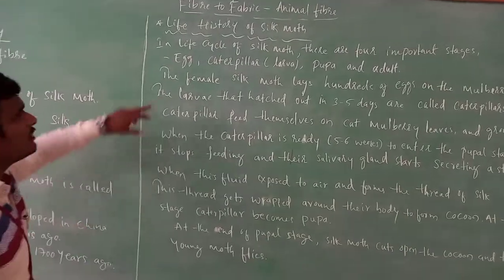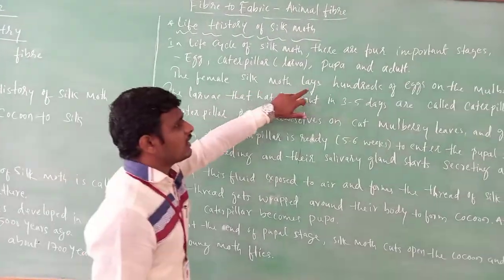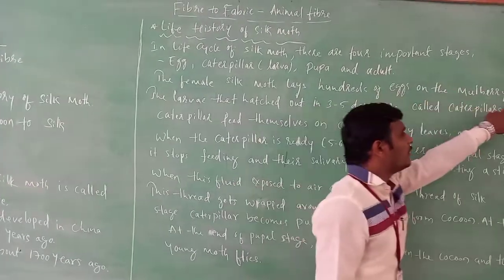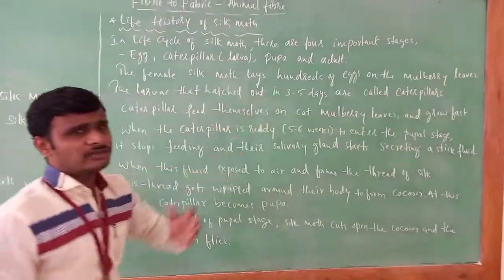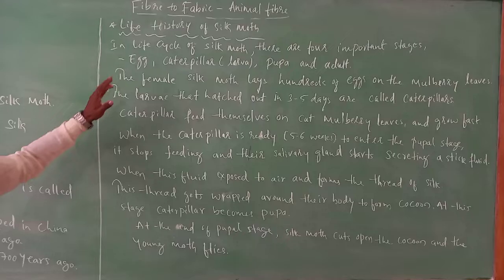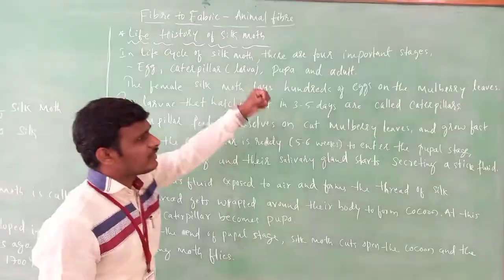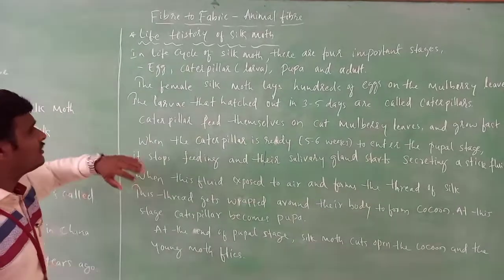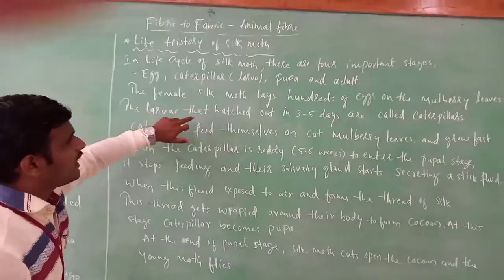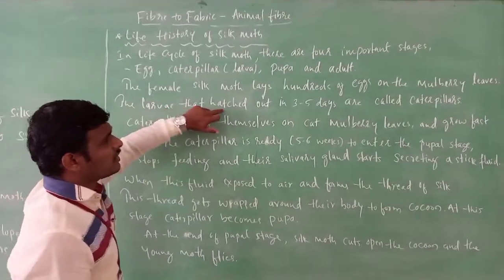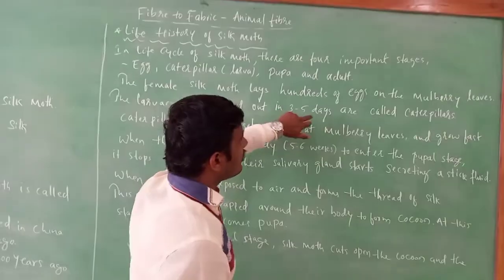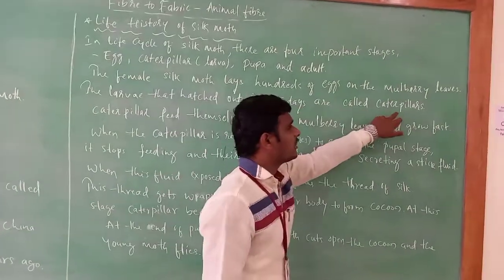So here what happens? The female silk moth lays hundreds of eggs on the mulberry leaves. On the leaves of the mulberry plant, the female silk moth lays hundreds of eggs. The larva that hatches out in 3 to 5 days is called a caterpillar.